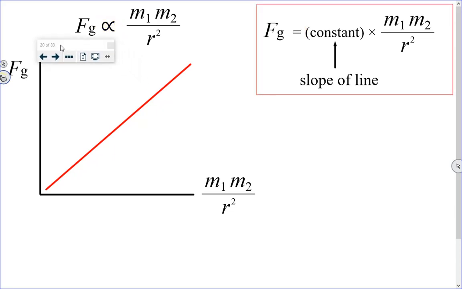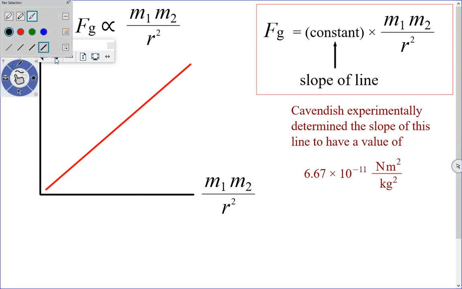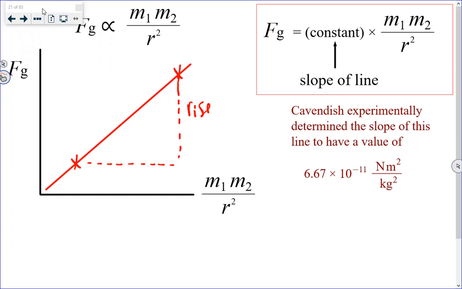Well, Cavendish determined the slope of the line. He did this experiment many times over many years, and when he picked a point on the line and a point on the line, and he drew a triangle, this would be the rise, and it would be measured in newtons because it's a force. This would be the run, and it's measured in kilograms squared over meters squared.